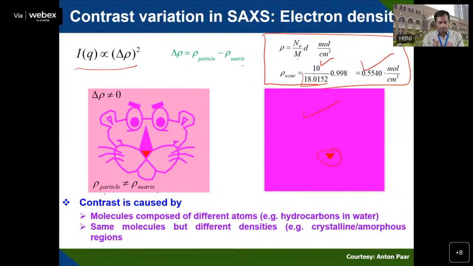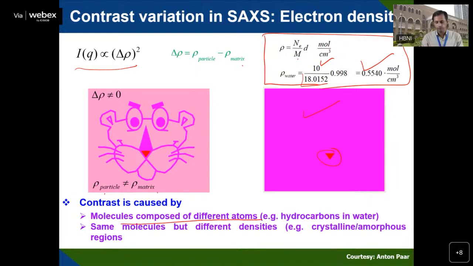The contrast in the case of X-ray is mainly caused by molecules composed of different atoms, like hydrocarbon in water. You have surfactant molecules in a water solvent, and that surfactant is nothing but a hydrocarbon chain. In that case, with water and this carbon-based molecule, they have variation in the contrast. The same molecules can also be in different densities, like crystalline or amorphous regions.